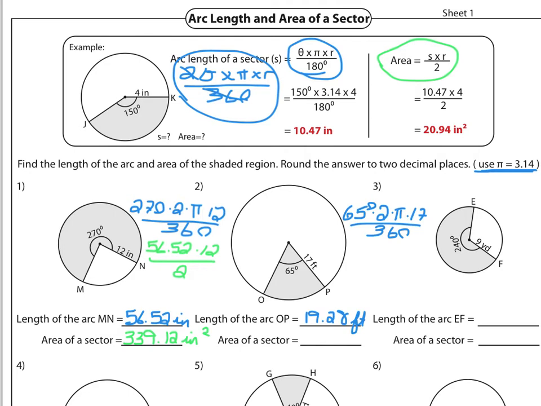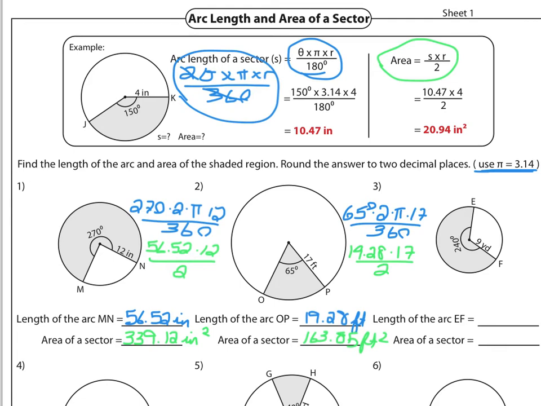All right, next one. We do the area of the sector. We take our arc length, which is 19.28, times your radius, which is 17, divided by 2. Plug it in the calculator, 163.85 feet squared.